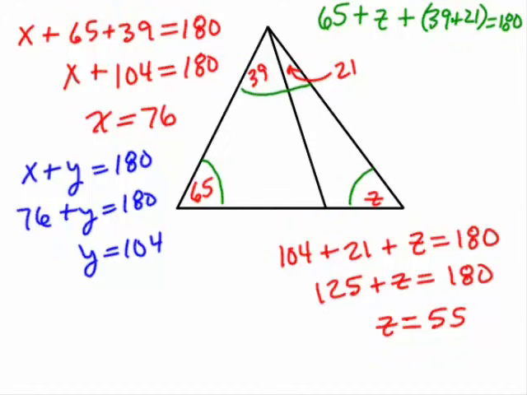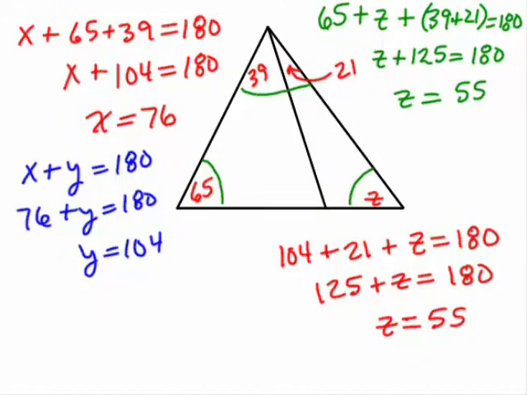Now, if we were combining like terms, 39 plus 21 plus 65, we would have Z plus 125 equals 180, and Z still equals 55. So there always are possibilities to find answers or solutions in different ways.